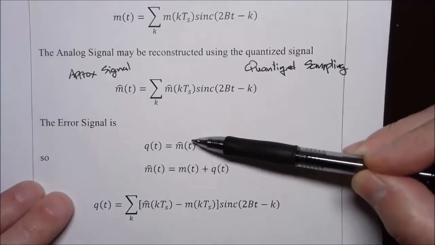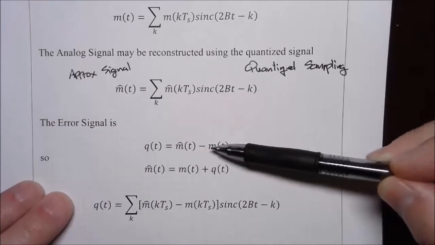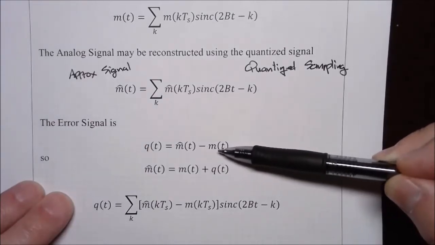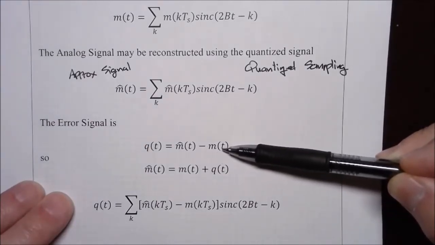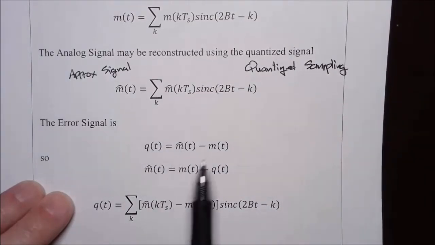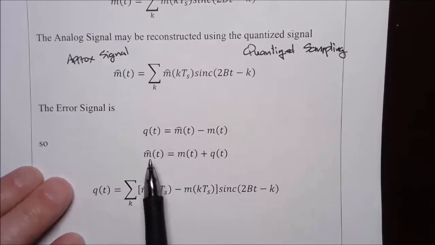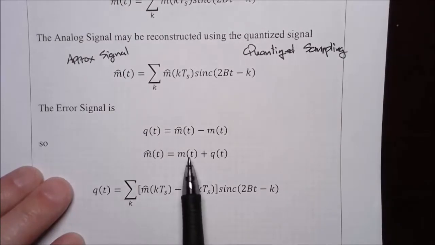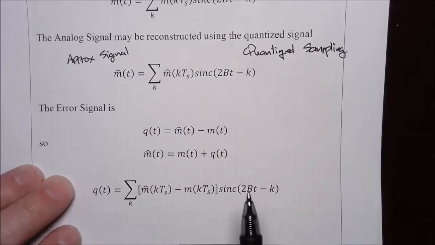So if we take the approximate signal and subtract the ideal reconstructed signal, we will get the error. That will make the approximate signal equal to the ideal signal plus the error.